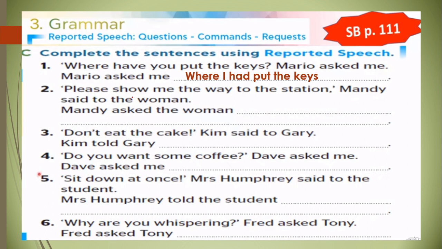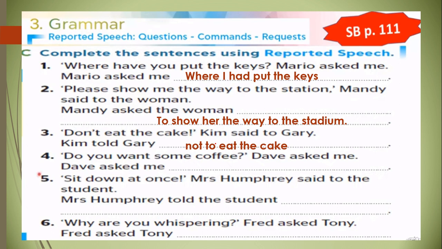Excellent. Please show me the way to the station, Mandy said to the woman. Mandy asked the woman to show her the way to the station. Don't eat the cake, Kim said to Gary. So Kim told Gary not to eat the cake.